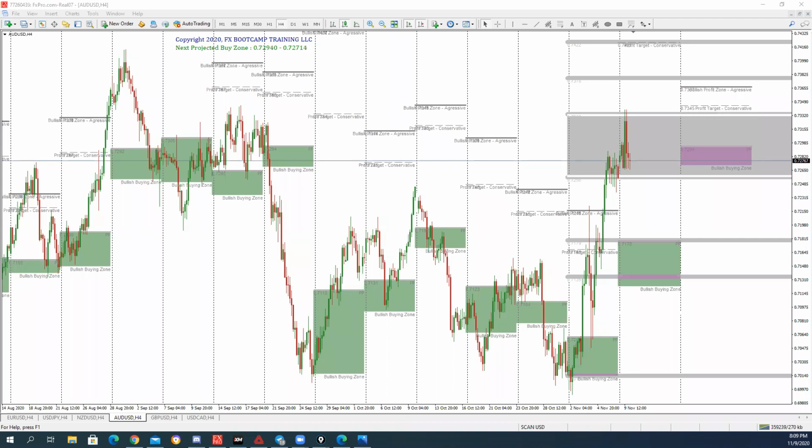First and foremost, the most important thing as a trader is the psychology, right? Even if you know to buy and you know to sell, the psychology plays a very big part.